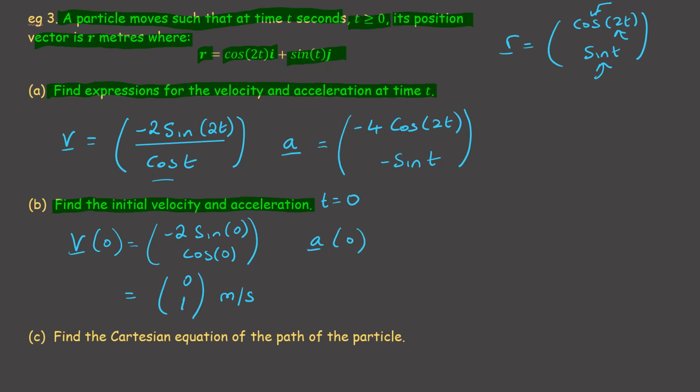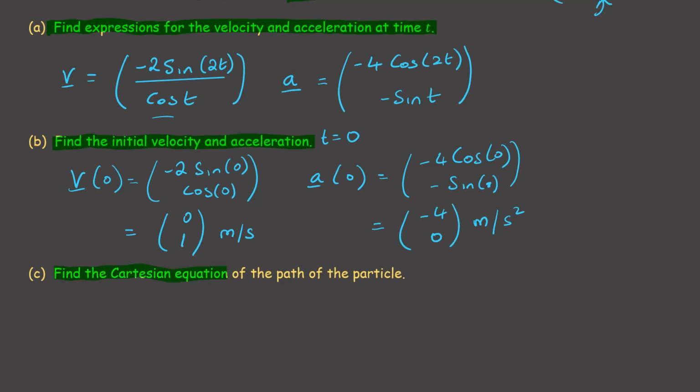Acceleration at 0 is going to be negative 4 cos 0, negative sine 0, and again cos of 0 is 1, so that would be negative 4, and this one will be 0, and that will be meters per second squared.